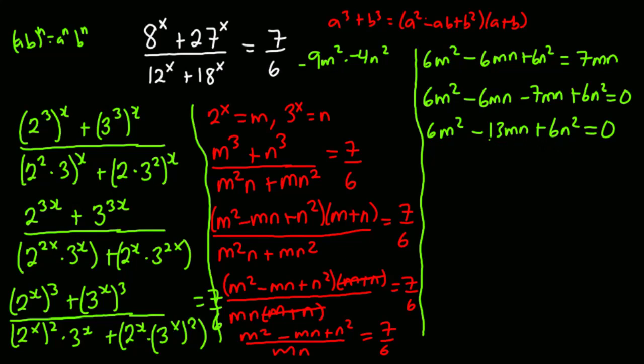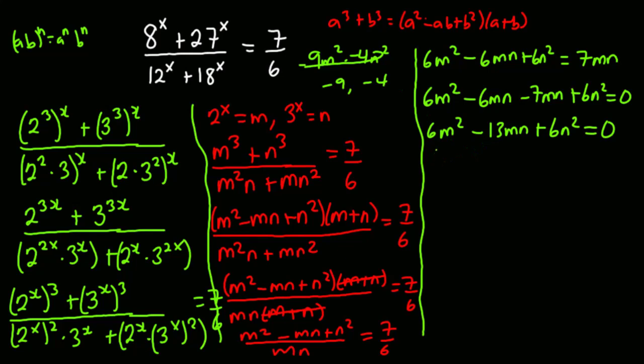Okay, so this represents an interesting quadratic equation. And so we need to get two numbers such that when we multiply, we will get positive 36, but when we add, we'll get negative 13. These two numbers become negative 9 and negative 4, since negative 9 times negative 4 gives us 36, but negative 9 minus 4 gives us negative 13.